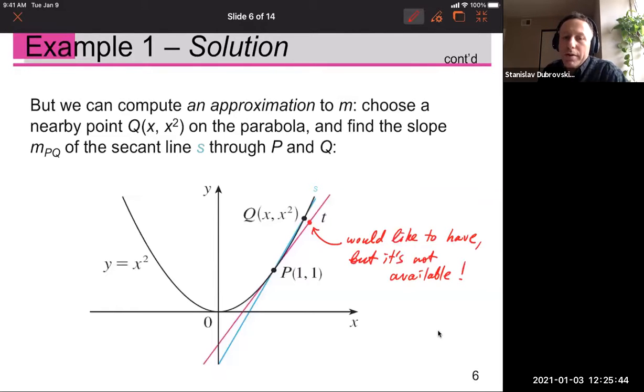It is not a point on the tangent line. So it won't give us the exact slope, but it will give us an approximate slope. And we can take Q closer and closer to the original point P, and the closer we get, the better the approximation we will get. Okay, so let's see how it will work.